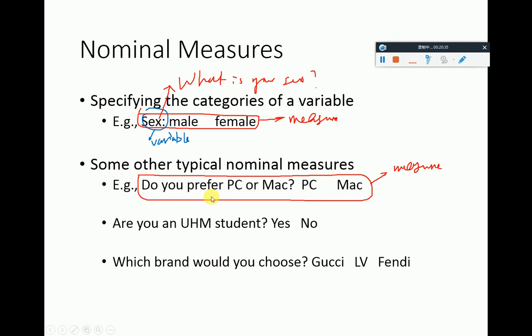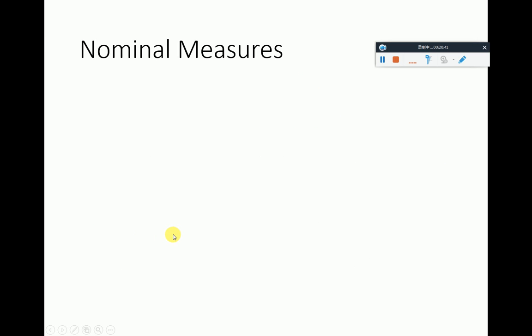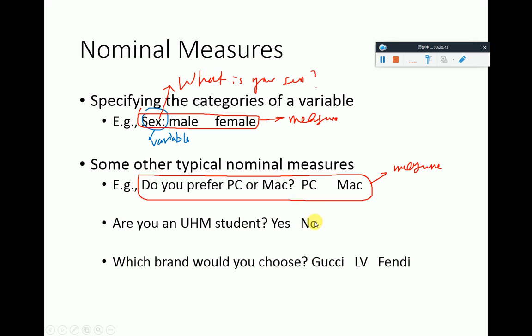The variable here is implicit: computer type, computer preferences. Again, a measure to measure student status, the variable. A measure, the whole thing, to measure a variable that we can call brand preferences. Okay, see the distinction here.